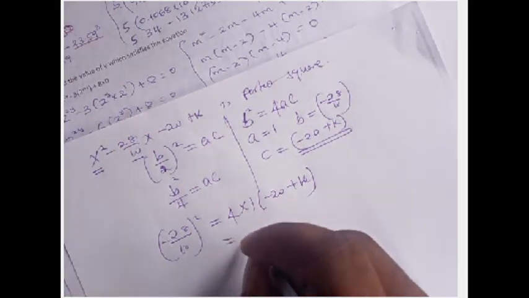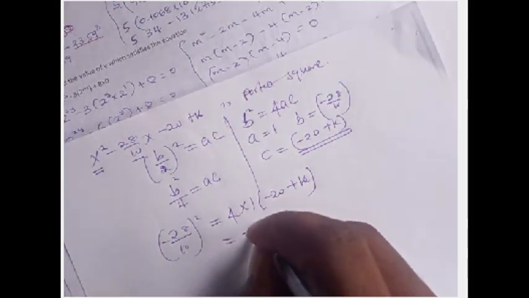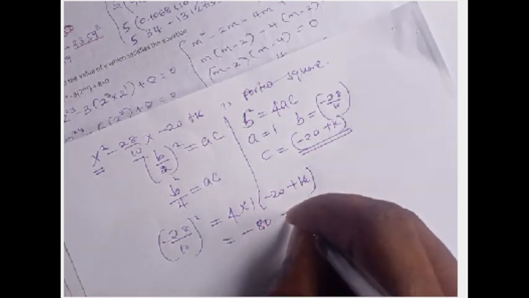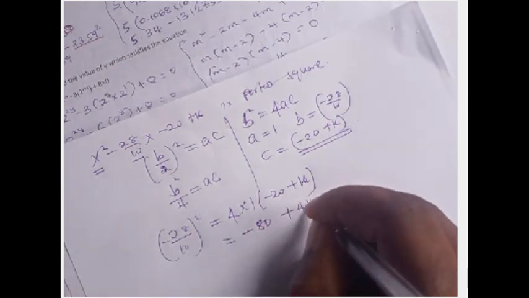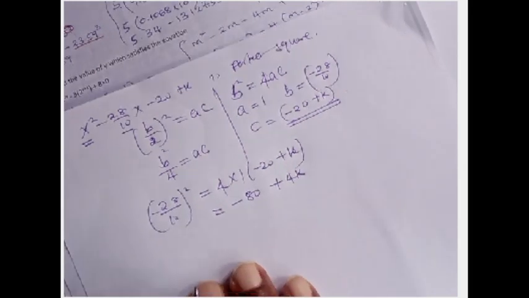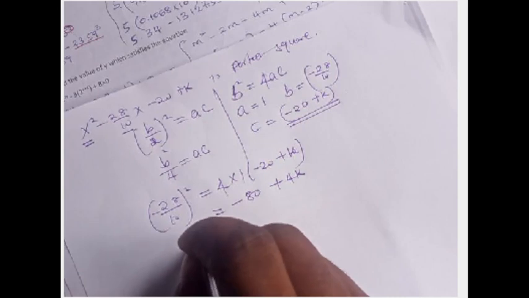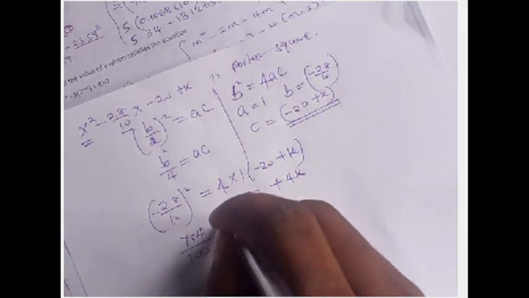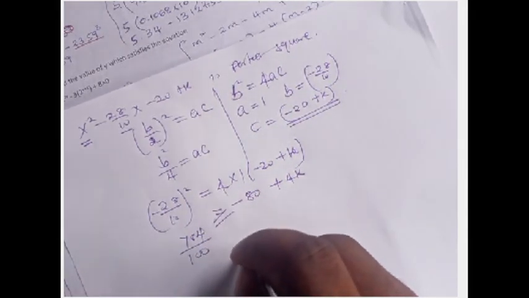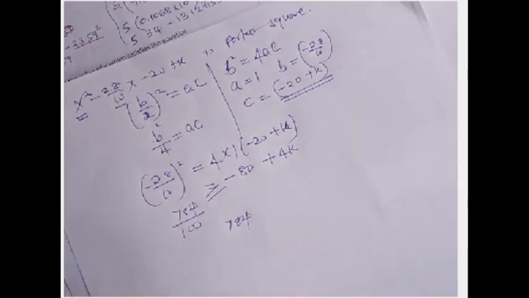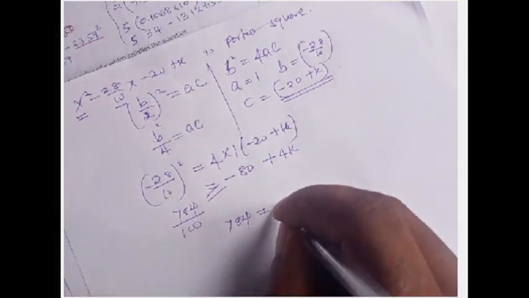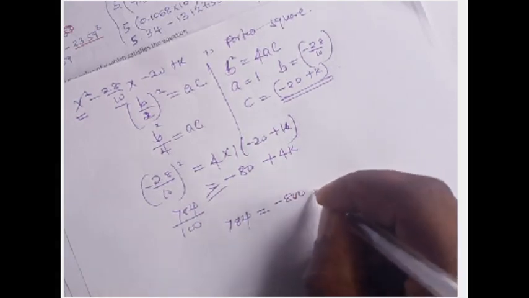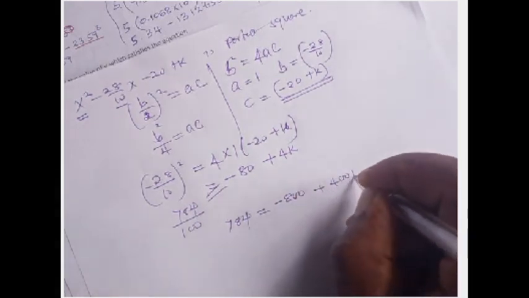So we open brackets, negative 80 plus 4k is equals to 28 squared, 784 over 100. Cross multiply, 784 is equals to negative 800 plus 400k.